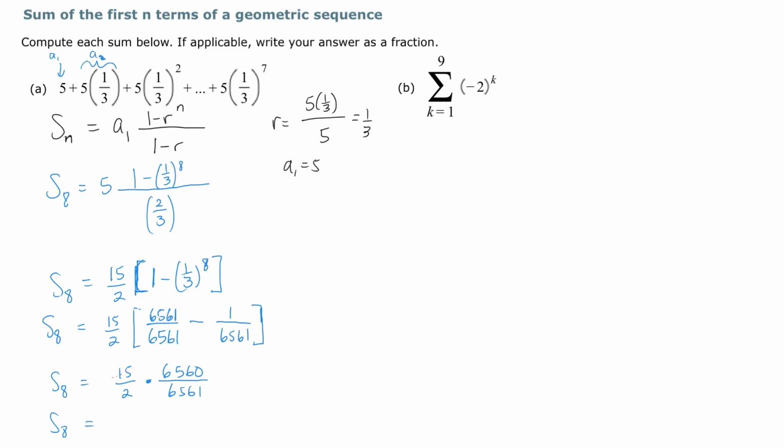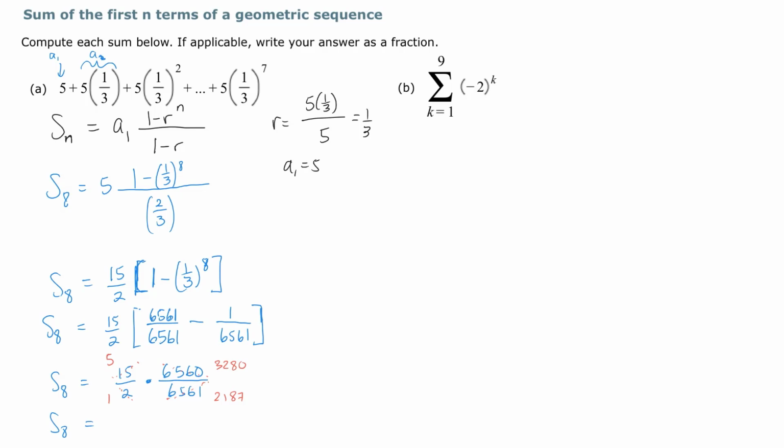So we could reduce a factor here of 3, and 6561 is divisible by 3. We get 2187 here. And of course, 6560 is divisible by 2. We get a 1 here. And we get a 3280.